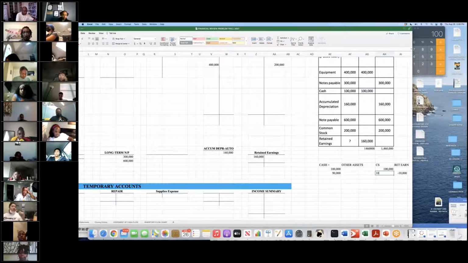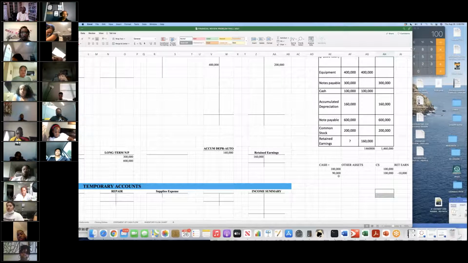So your equation balances, cash equals common stock plus retained earnings, but you can see what happened. Your cash went down. You lost money through your earnings. So this number needs to be positive. So I had 100,000 in common stock. I want the cash to go up.